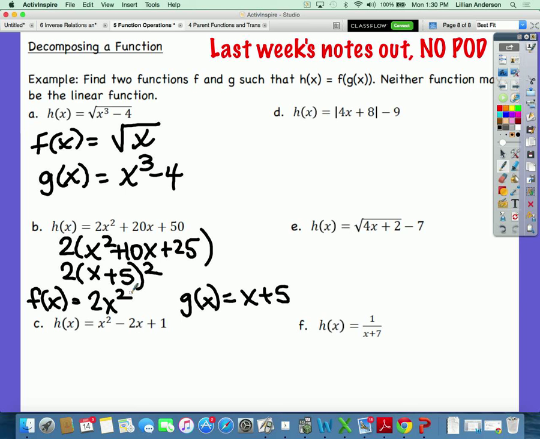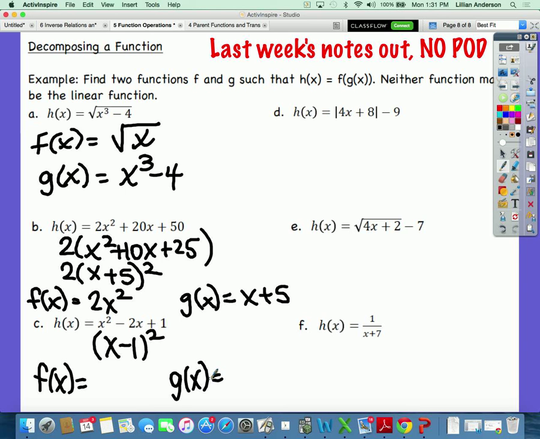I want you guys to try C. C is very similar to B. Okay? So you're going to have to factor it and then figure out your two functions. So what does it factor to be? X minus 1 squared. Do you see what your two functions are? What was the parent function here? X squared. Okay?